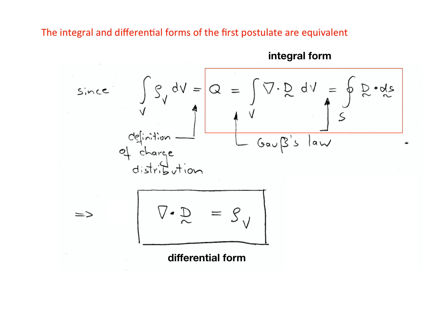We can see this in the top equation, which only holds if the divergence of D is equal to the charge density ρ, which is the differential form. However, due to the divergence theorem of vector calculus, the volume integral of the divergence of D is equal to the surface integral over the closed surface around this volume, and that is the integral form of Gauss's law.